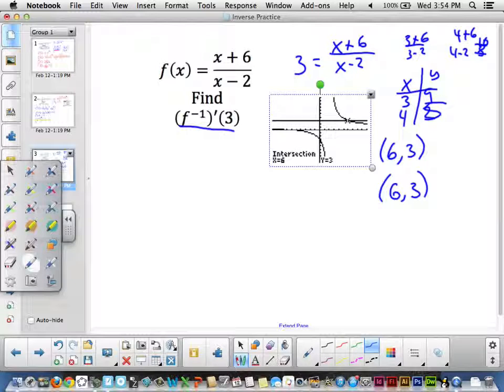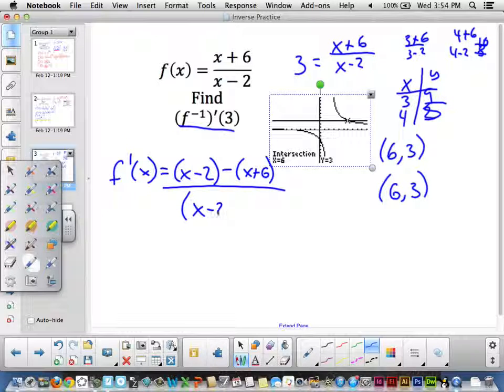So as we're looking for f inverse prime of 3, we're going to take the derivative, f prime of x. This is a quotient rule. Bottom times derivative of the top, which is 1, minus top times derivative of the bottom, over bottom squared. And then we'll plug in our 6, f prime of 6.